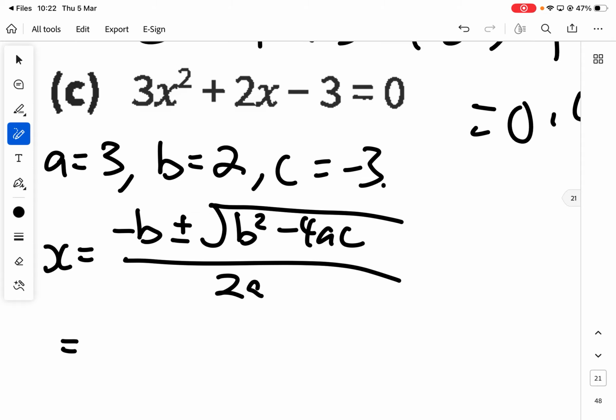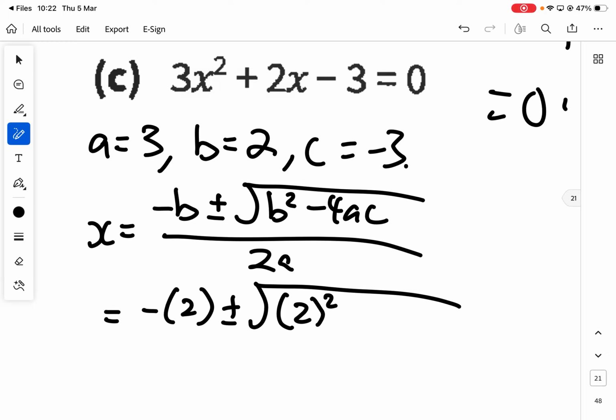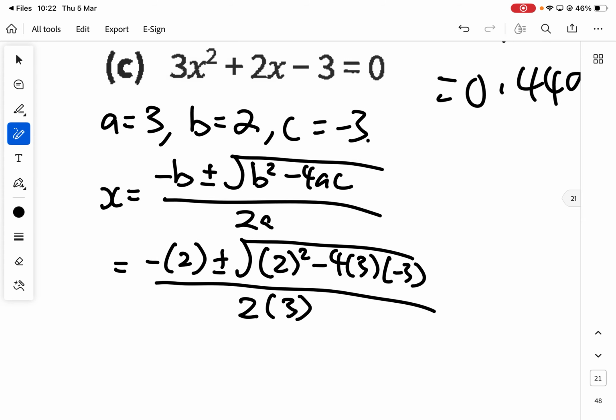Then, substitution. Negative, no change. Substitution. 2, no change. Substitution. Then press calculator.